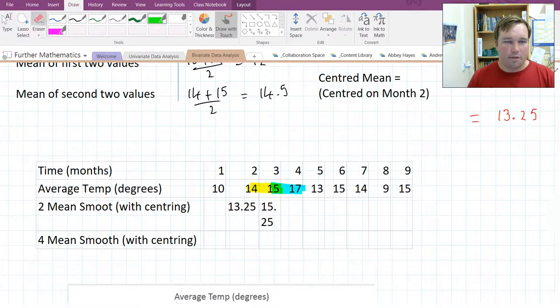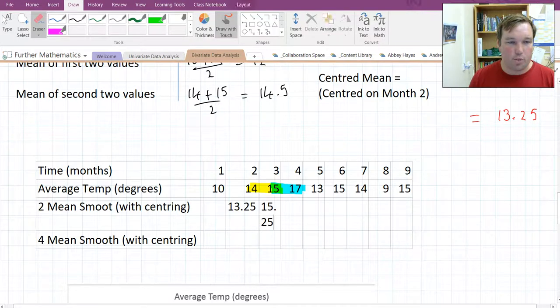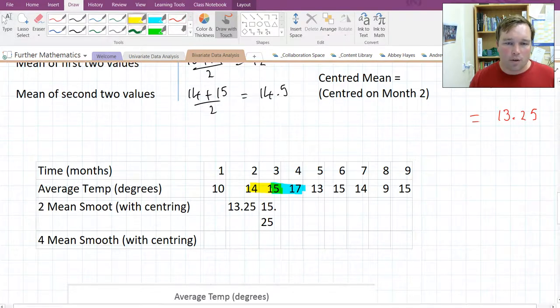Alright, for the sake of argument, let's do 4 mean smoothing with centering. Now, 4 mean smoothing with centering looks like this. We miss the first 2. So, we would want it centered on here.